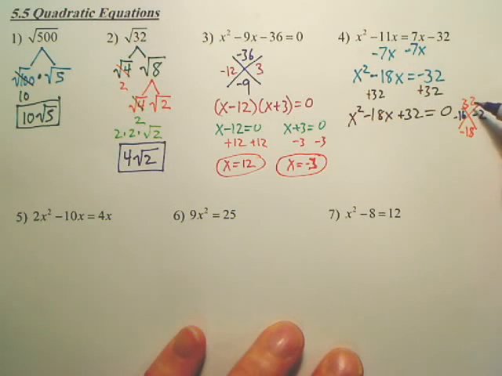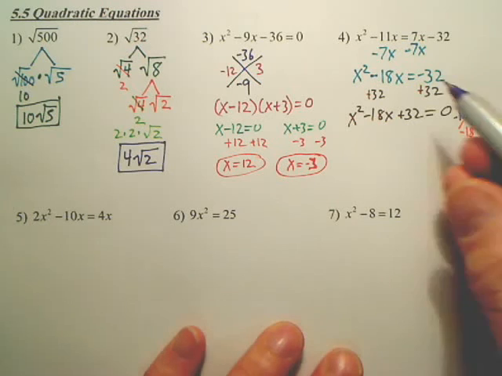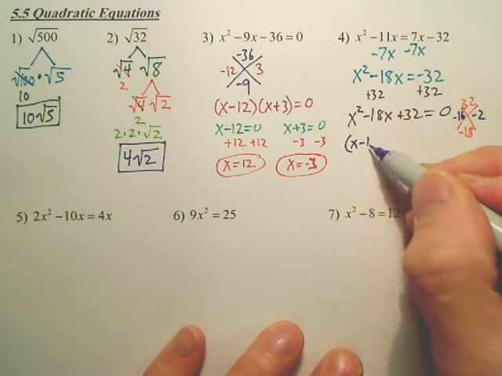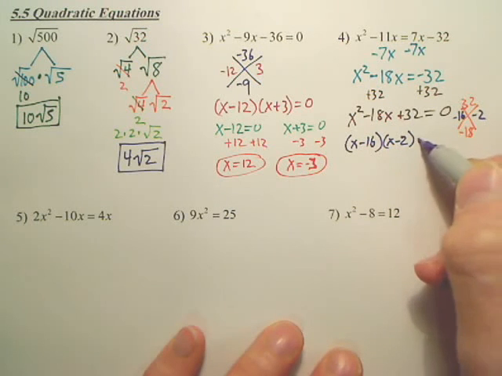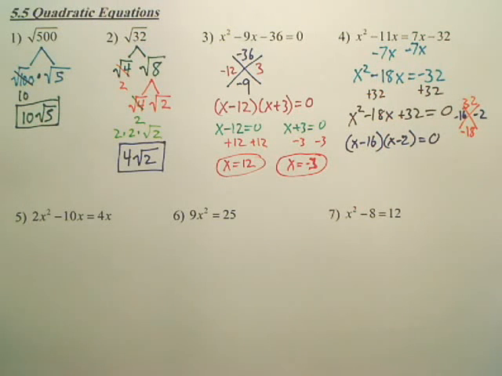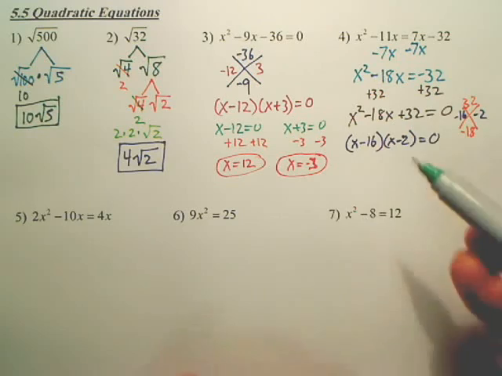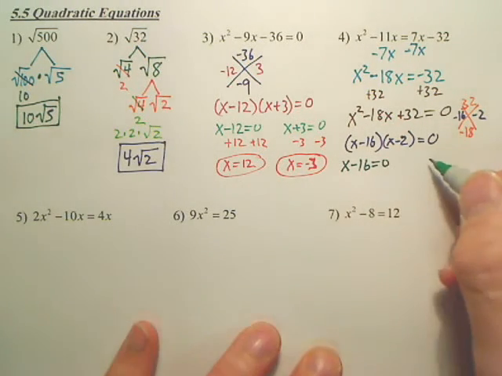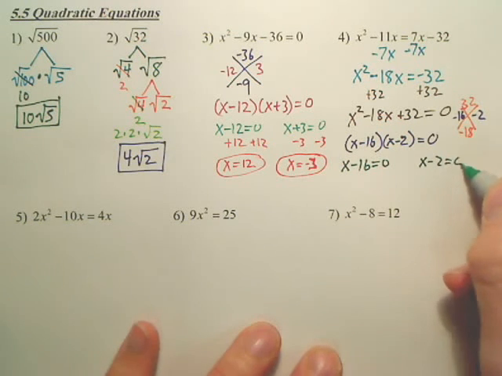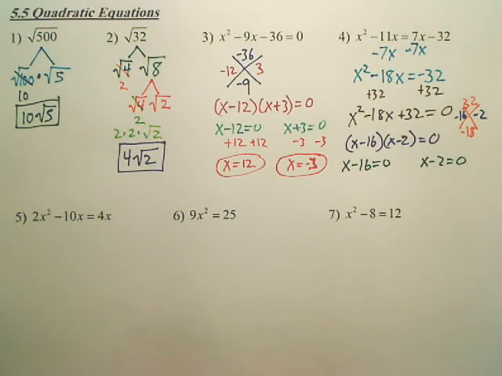By the way, if that's a positive on top, you know these two are both going to be negative or positive. Anywho, that's x minus 16, x minus 2. So do you understand? You have x minus 16 equals 0, and you have x minus 2 equals 0. One of those has to equal 0.